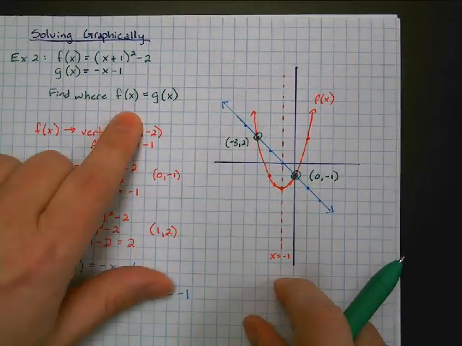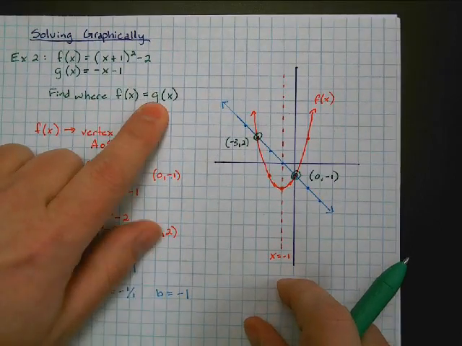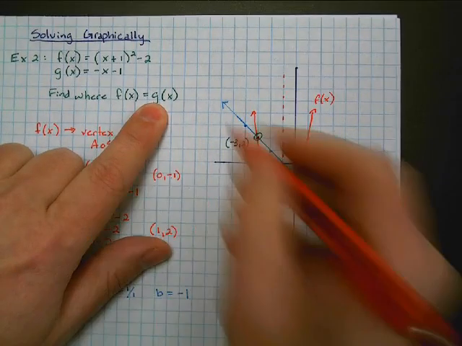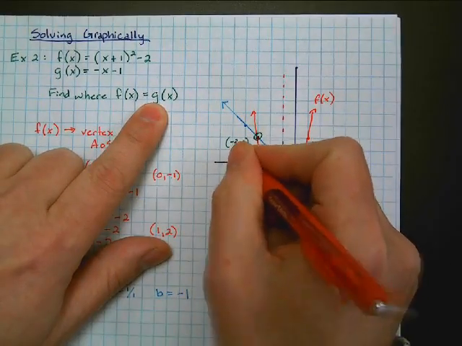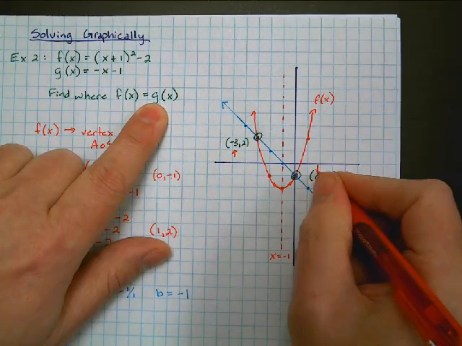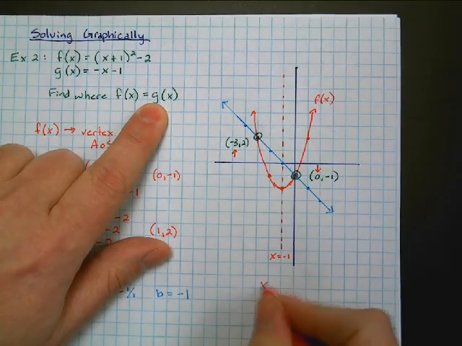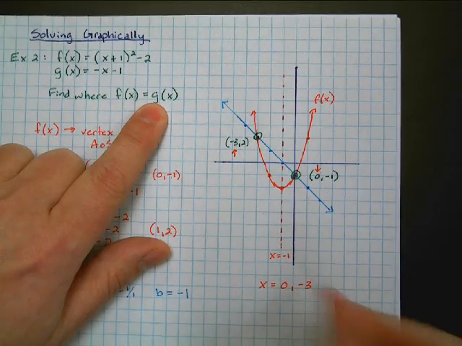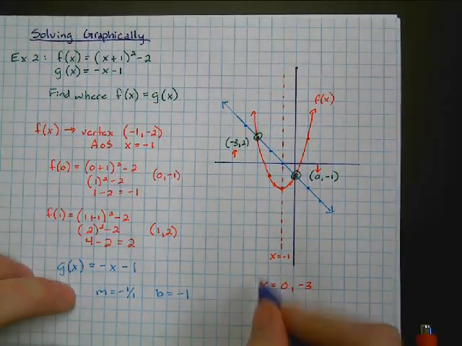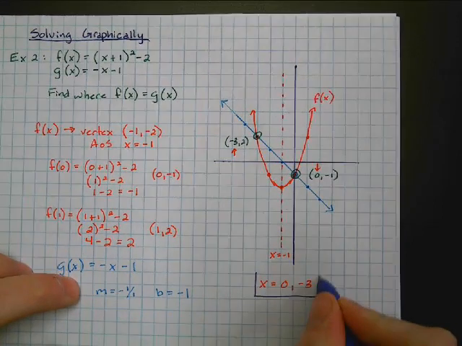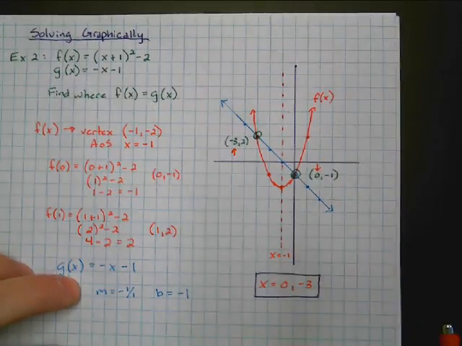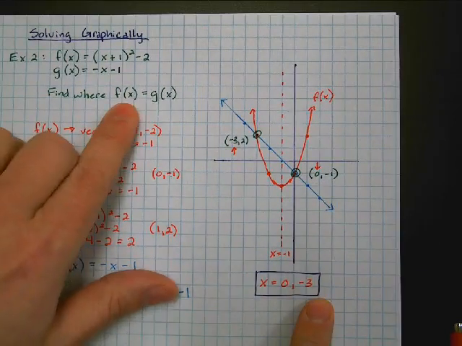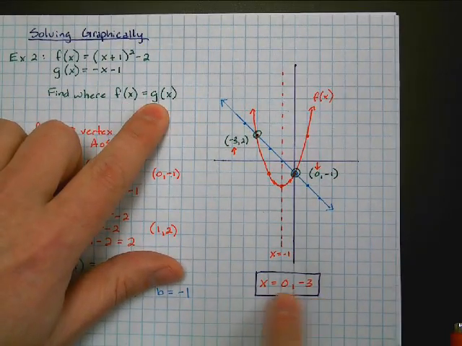Now, if we're looking to find where f of x equals g of x, then our answer for this one is only the x values, negative 3 and 0. So x equals 0 and negative 3 are our two solutions for the system. These are our intersection points, but the solutions for where f of x equals g of x are 0 and negative 3.